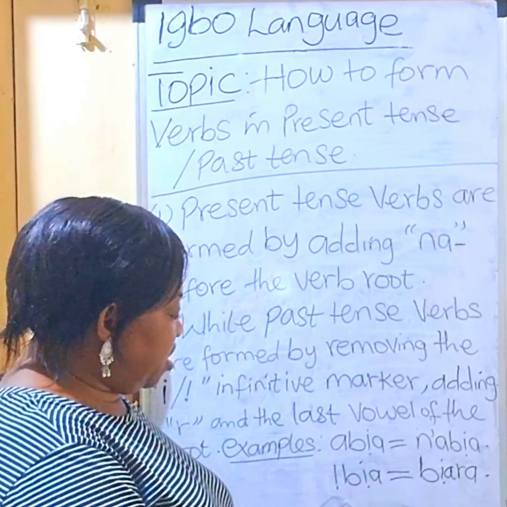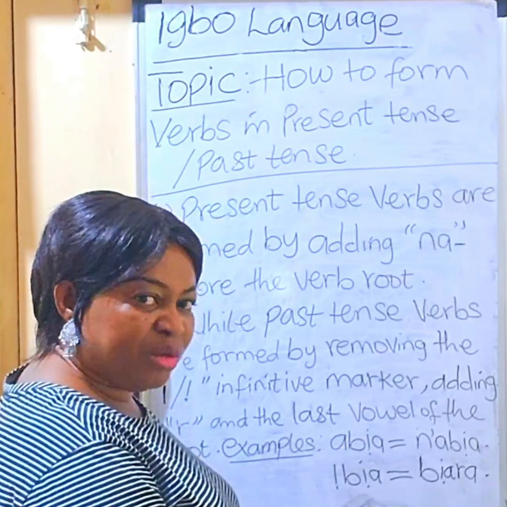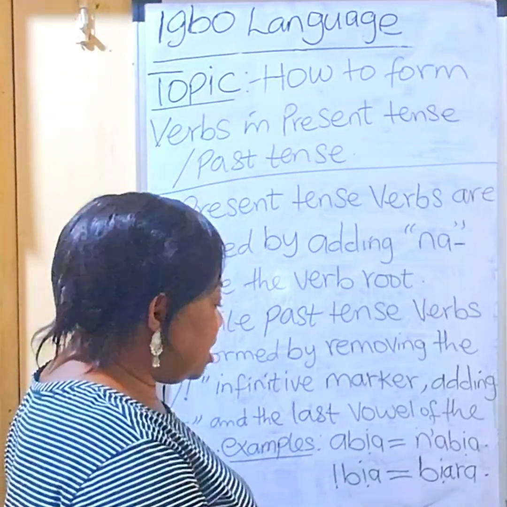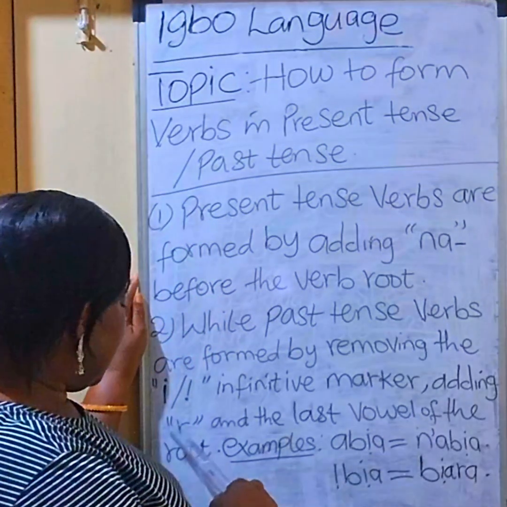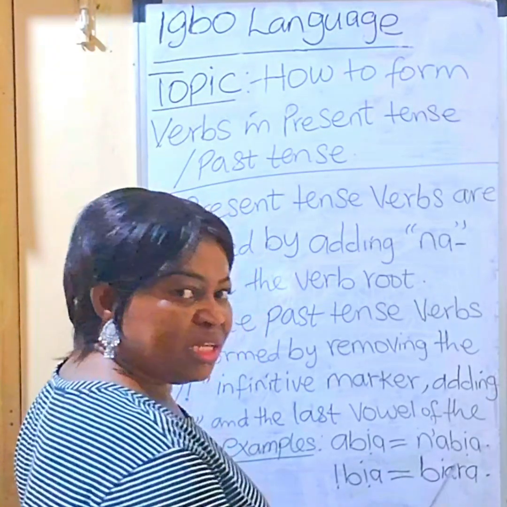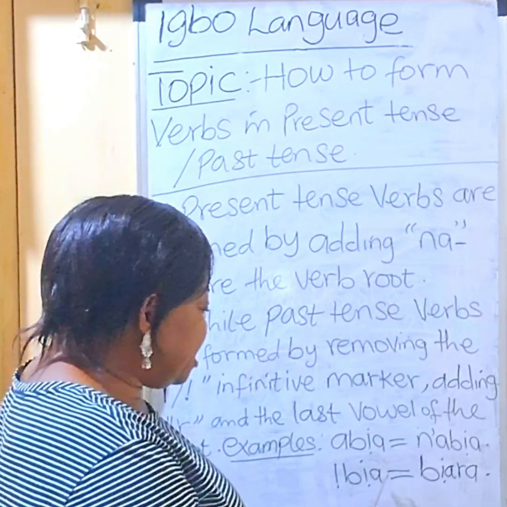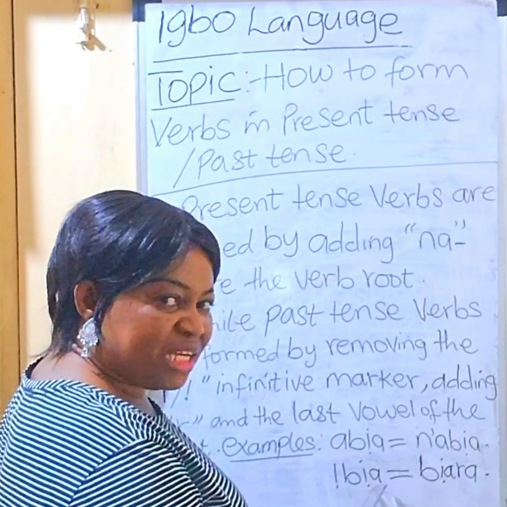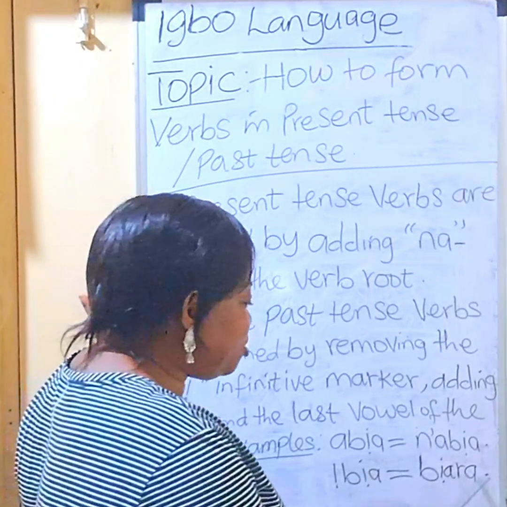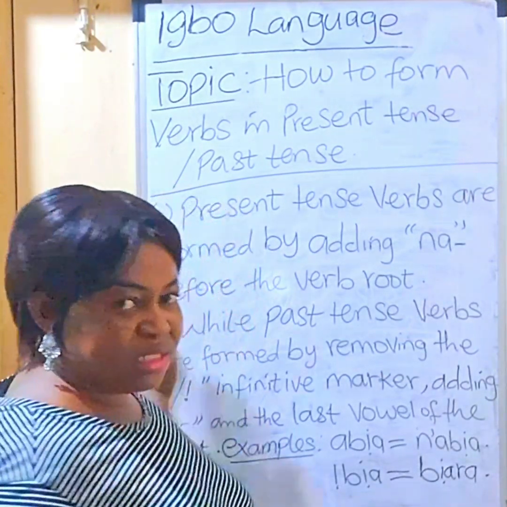You remove it and take this verb root. That is our verb root. You take it and write here. Then you come and write this re. You write it here after this bia. Then you come again to this bia here and take the last vowel letter here, that is a, and put at the end of re. It becomes biara in past tense.